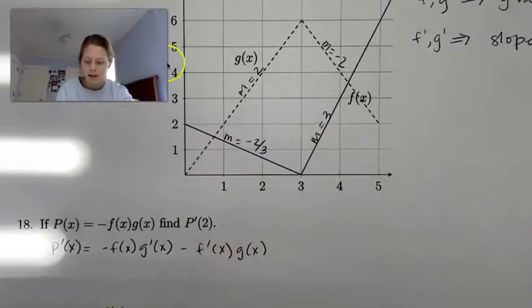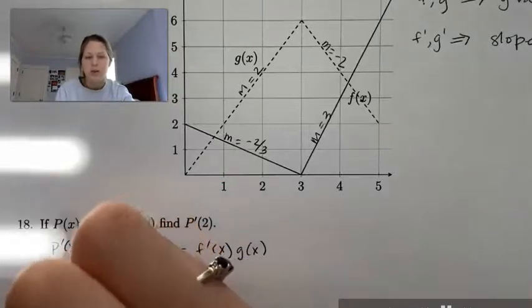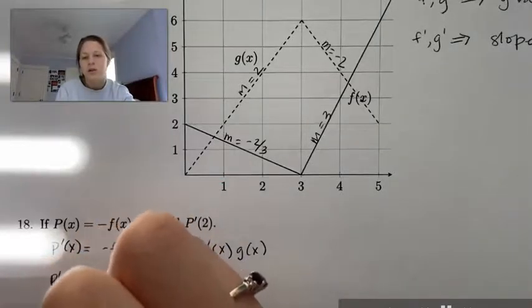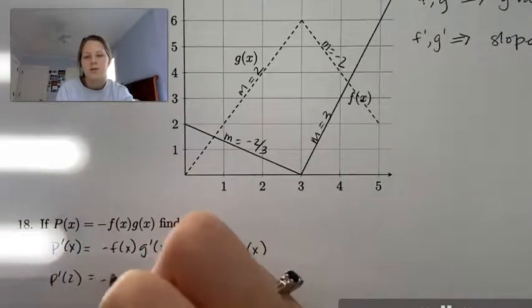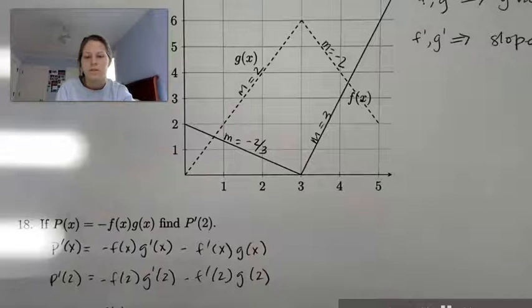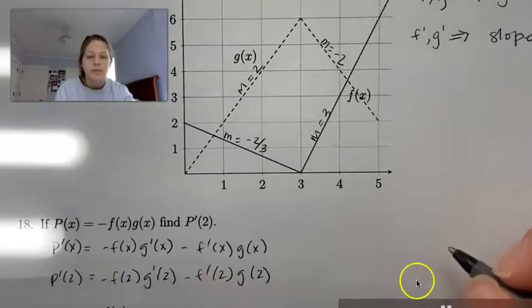And this is a product rule, so that's how we got here. And then next we will plug in 2. So p prime of 2 is equal to negative f of 2 times, so here, this is what we get when we plug in the 2. That's the new function.